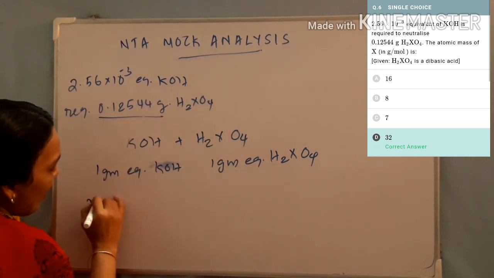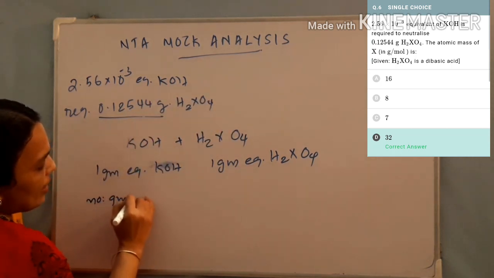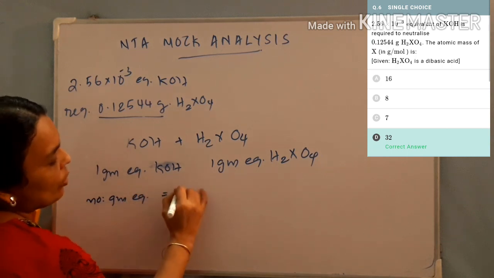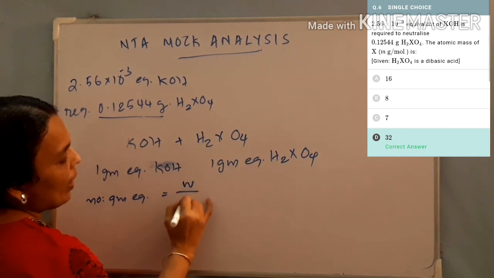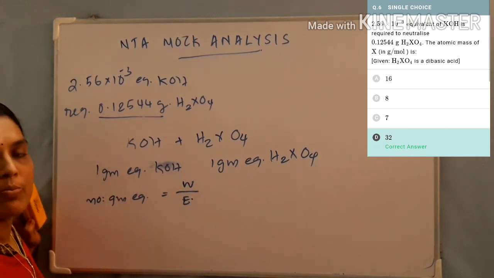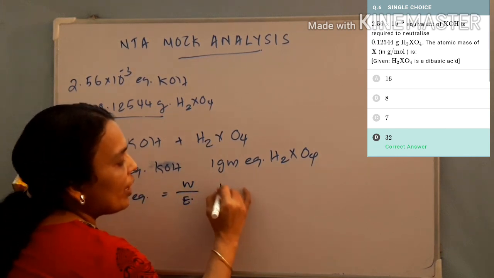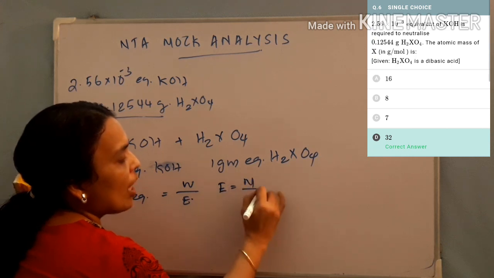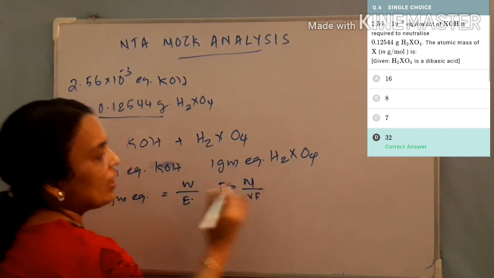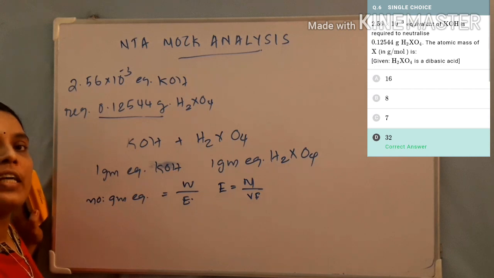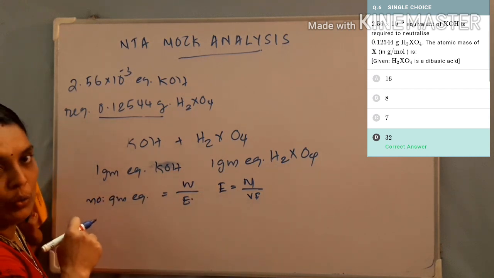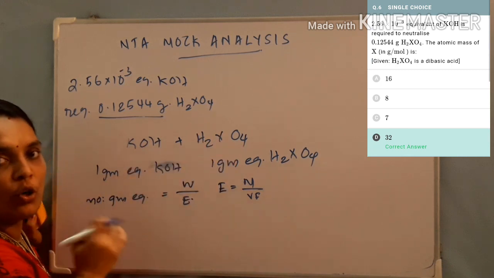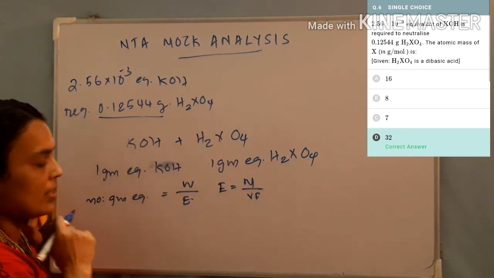And we know the number of gram equivalents is equal to given mass by equivalent mass. And equivalent mass is equal to molar mass by valency factor. It is already given that it is a dibasic acid, so the valency factor is equal to 2. And the molar mass we don't know; we want to calculate the molar mass.